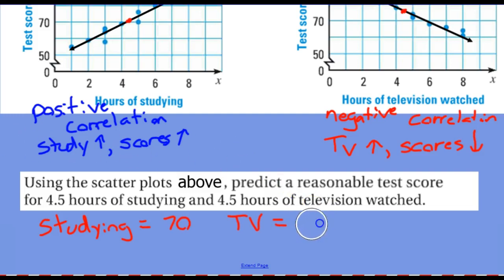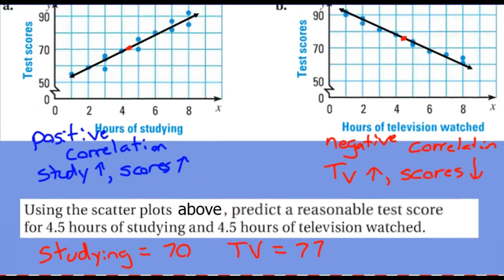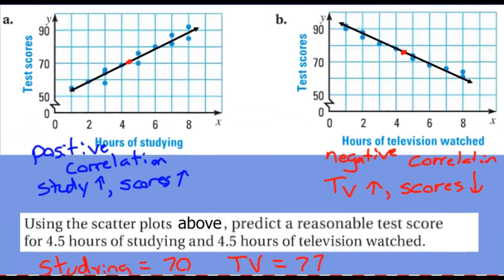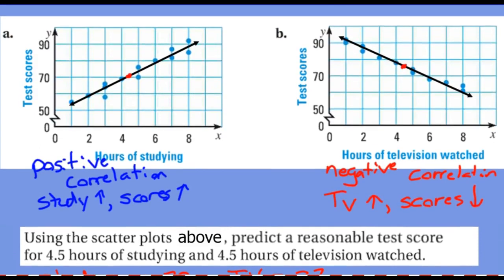No, not 87, sorry, 77. So in this particular graph, you get a higher score when the TV is being watched, but these might not be the same people. They might be different points of data.